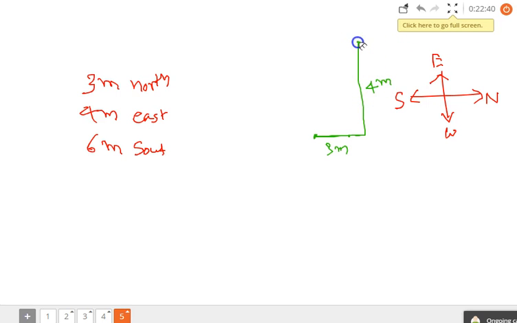Then 6 meters south. This is A to B, B to C, C to D. South will be the left side, left direction, right? So as per this clue, we can mark the line over here. This is the first step.